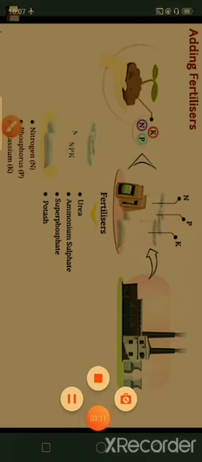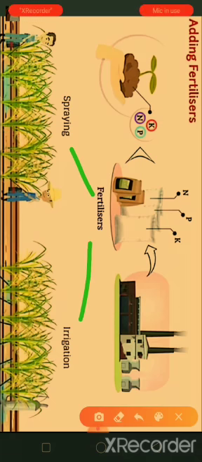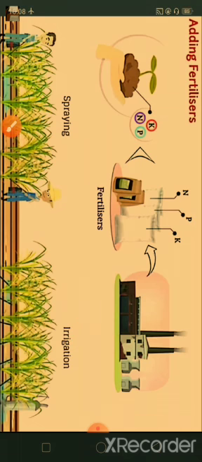There are two different methods to add fertilizer to the soil. One method is spraying, another one is irrigation. Through this we can add fertilizer to the soil.